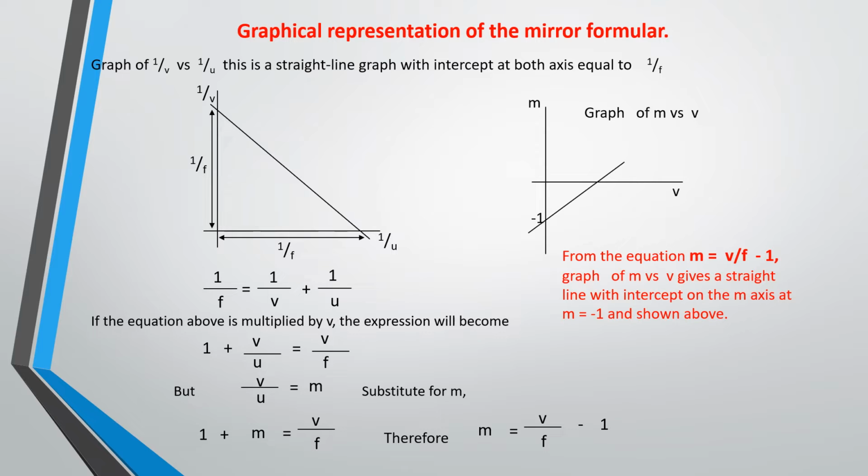So you know that when you plot the graph of 1 over v against 1 over u, the intercept of the graph at both sides will be equal to 1 over f. Please take note of that.